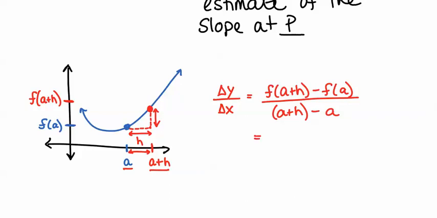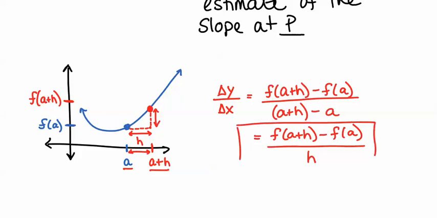Then I can simplify this formula to f of A plus H minus f of A, all over, if you notice, A minus A cancels out, so there'll just be an H on the bottom, which makes sense because these are H units apart.